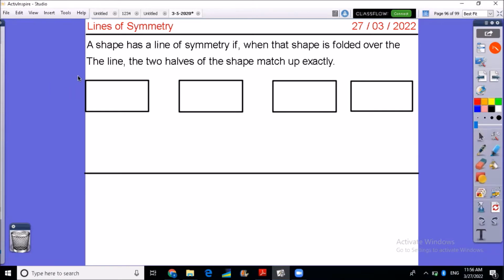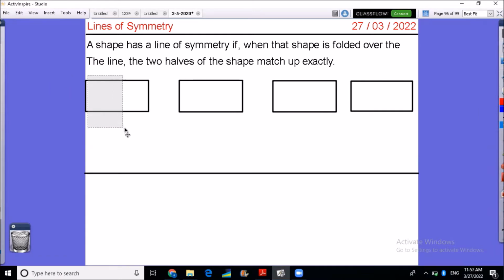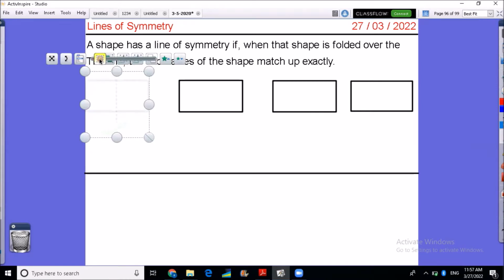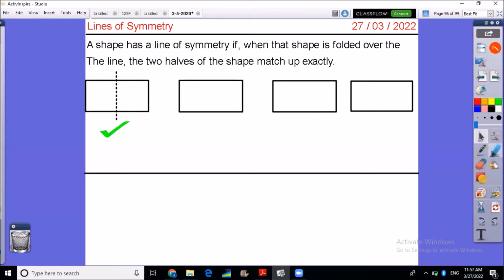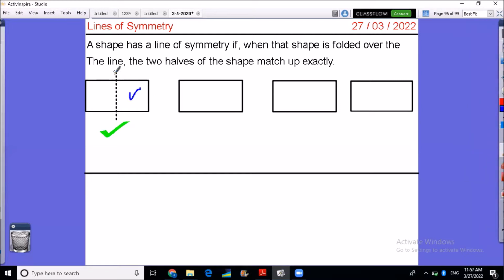Let's have a look here at this rectangle. If I draw a line in the middle this way, like this one over here, and I fold this half of the rectangle over this line of symmetry, this half with the other one will match up exactly.